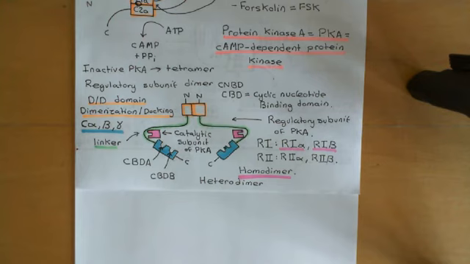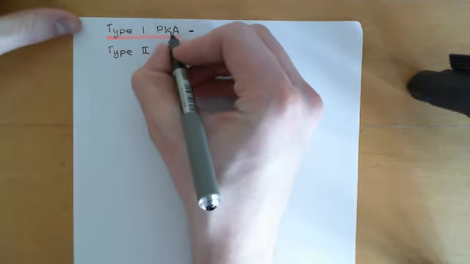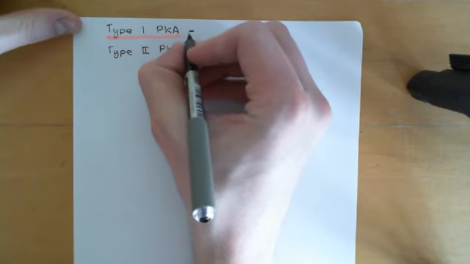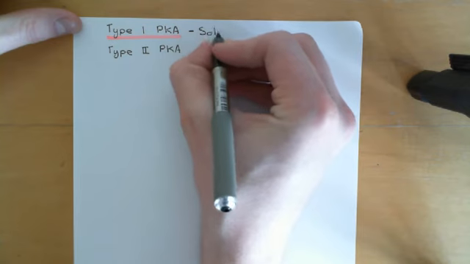Now, the functional significance of the difference between type 1 protein kinase A and type 2 protein kinase A will become much more apparent later when we come on to discuss A kinase anchoring proteins, AKAPs. But for now, let me tell you that type 1 protein kinase A enzymes, where the regulatory subunit dimer is a type 1 regulatory subunit dimer, are generally soluble.